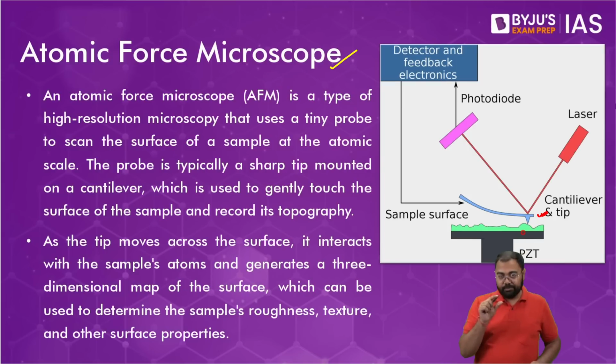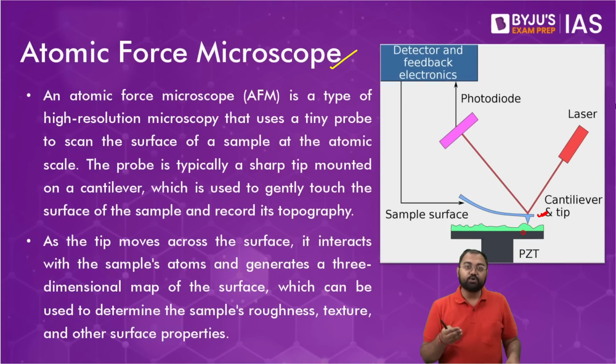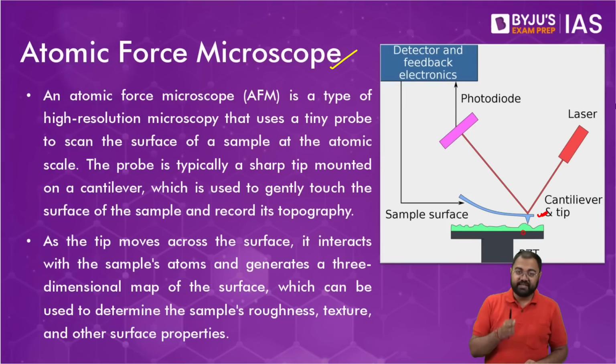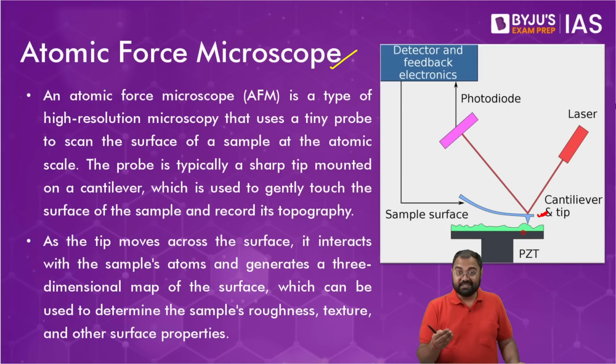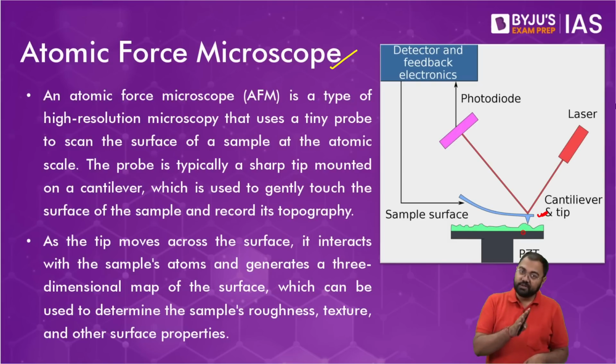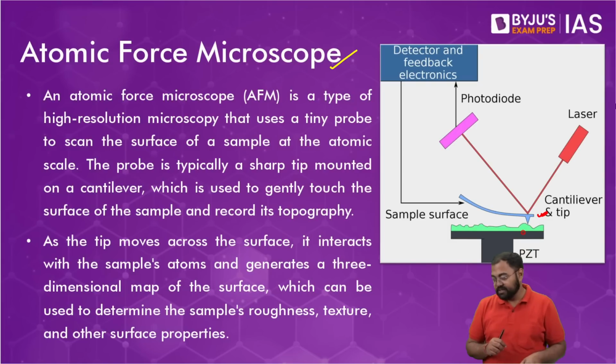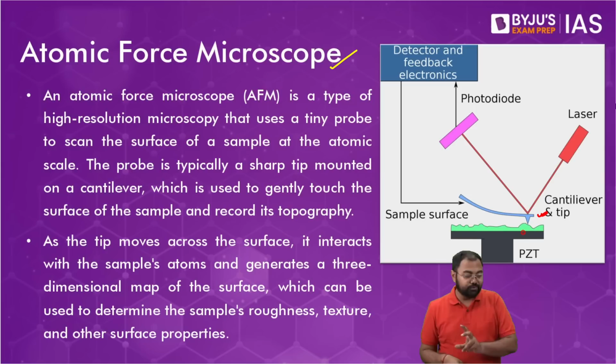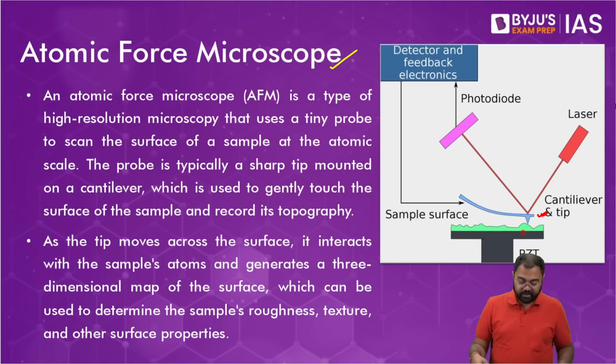So the atomic force microscope overcomes the challenge we faced with the scanning tunneling microscope, which could only be used with conductors. Atomic force microscopes can be used for non-conductors or insulators. That is why the atomic force microscope also became very, very useful.